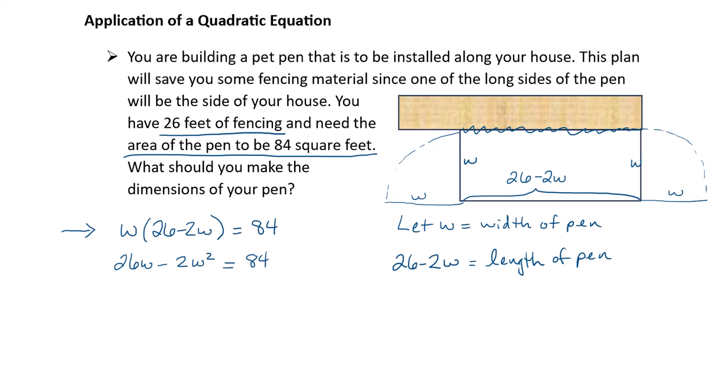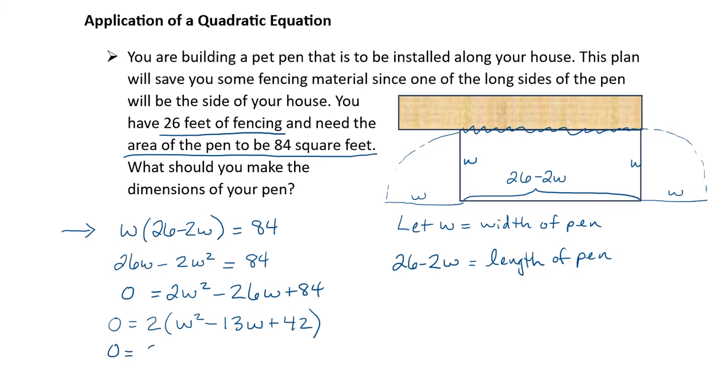When I do that, I'll have 2w squared minus 26w plus 84 equals 0. Now on to factoring. I have a greatest common factor of 2. I'm going to take that out, and then I have a trinomial to factor.